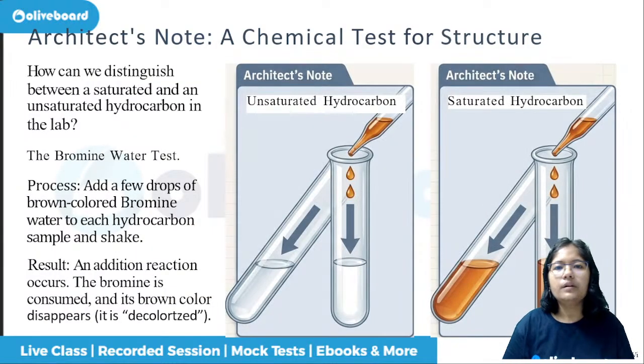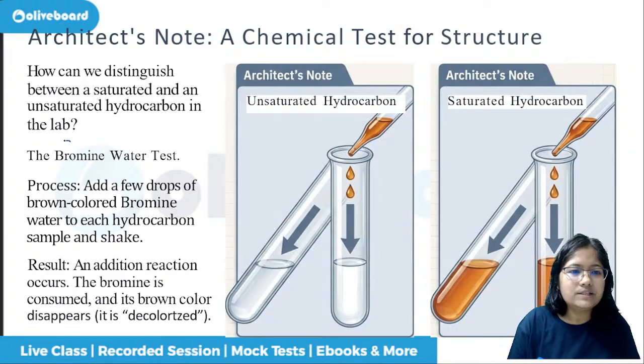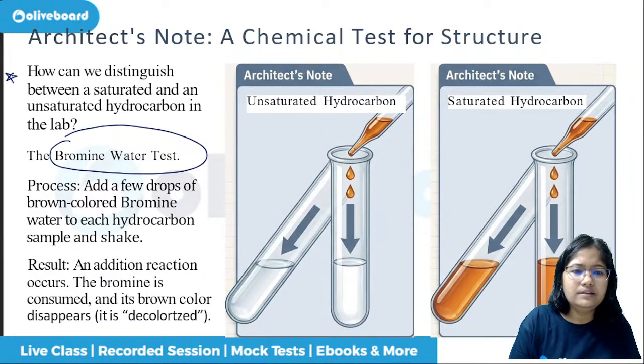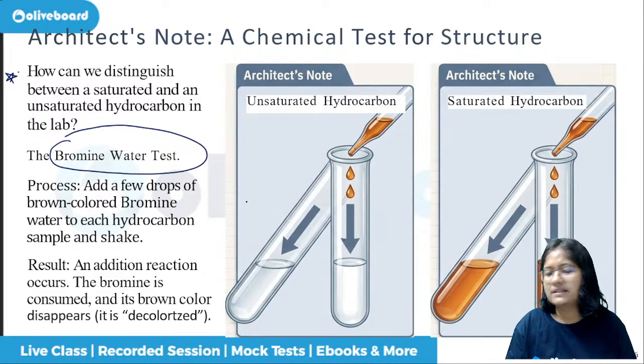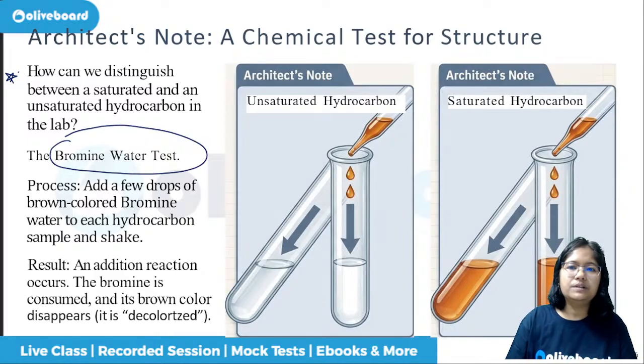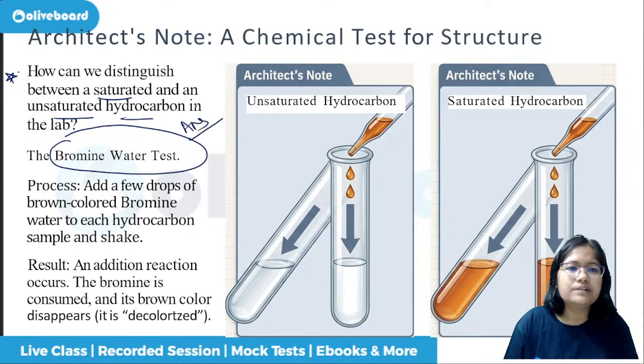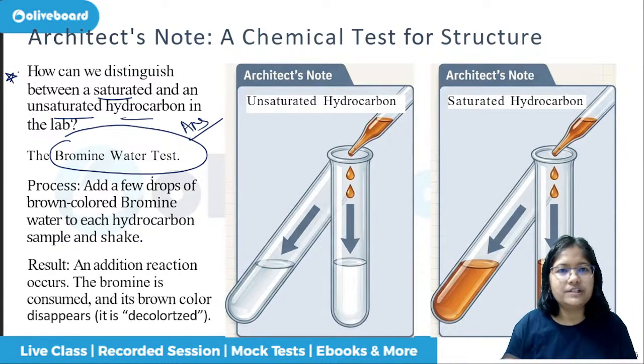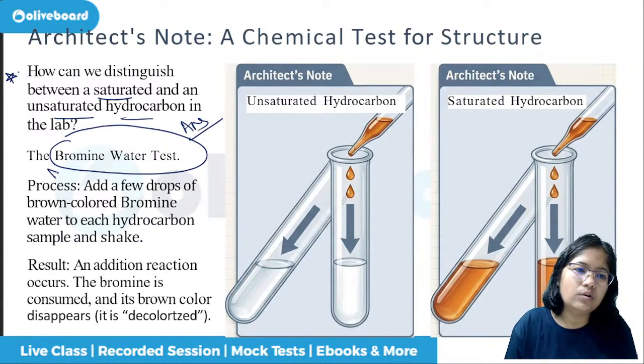Okay. Now there is one test, which is the bromine water test. Okay, you can read this by yourself. They are not asking many questions from here, but you have to remember how you distinguish between saturated and unsaturated hydrocarbons. Saturated and unsaturated hydrocarbons can be recognized by which test? Answer, it can be recognized by the bromine water test.